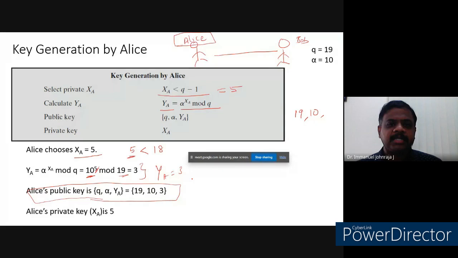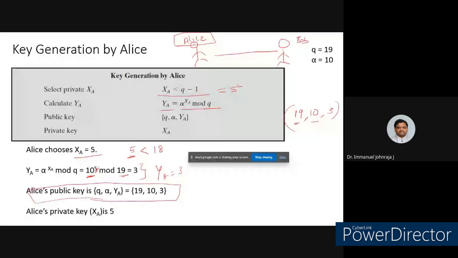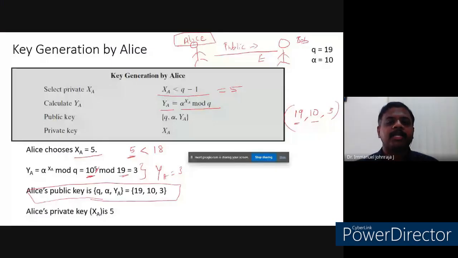So Q is 19, alpha is 10, and YA is calculated as 3. So this is Alice's public key. Alice shares the public key with Bob. So what do you expect to happen?